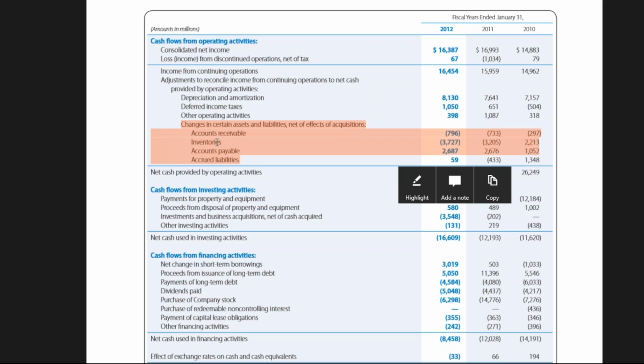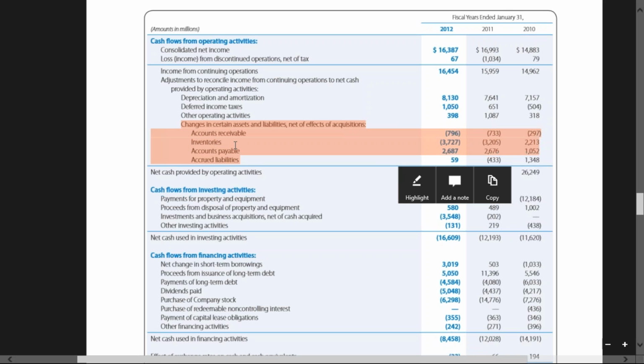It's not a GAAP requirement to make this section operating working capital. It's very similar, but there are differences. This could include extraordinary items. It could also include non-current items, and sometimes you might see changes in assets and liabilities here, and then another line item, changes in non-current assets and liabilities. Remember, working capital for us is current.